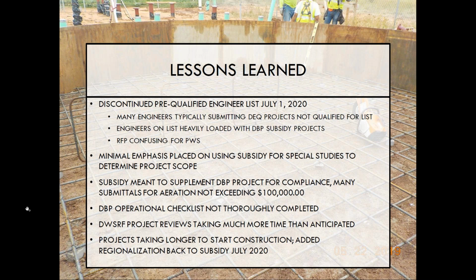And so we heavily loaded the engineers that were on the list with these DBP subsidy projects, and it was slowing the projects down because the engineers just had too many projects. And then the requests for proposals that the water systems were supposed to do, as I said, were really confusing. We would try and help them and give them templates and things like that, but it was difficult for the water systems, and it was also slowing the process down. So we have discontinued that list.